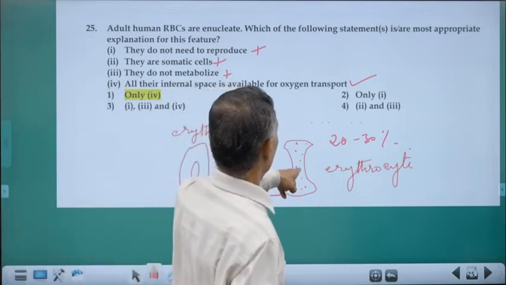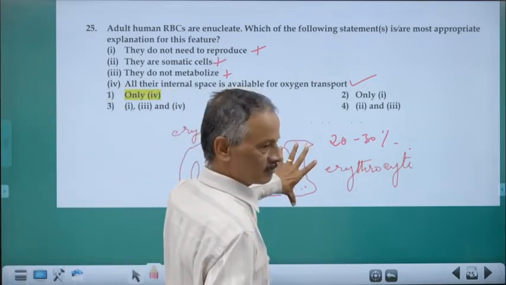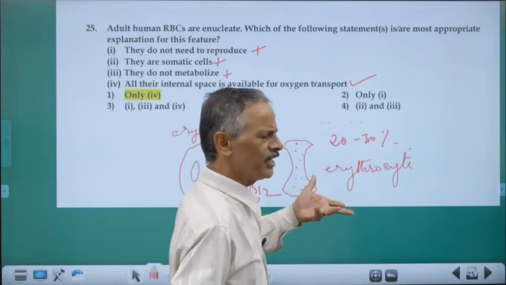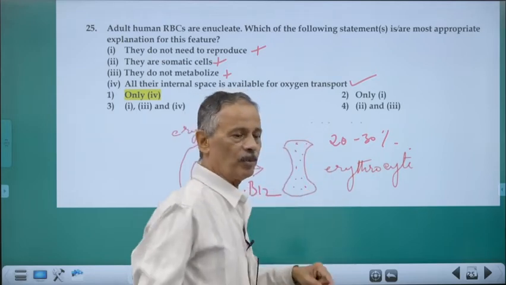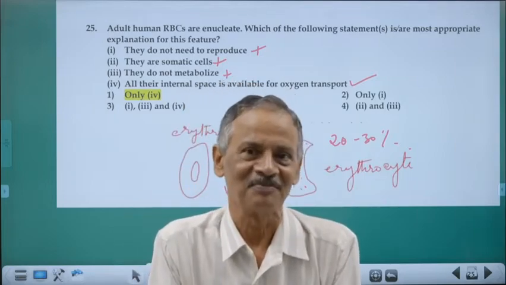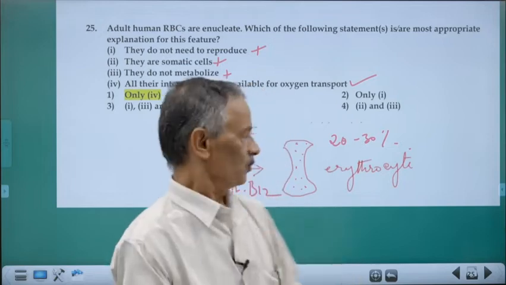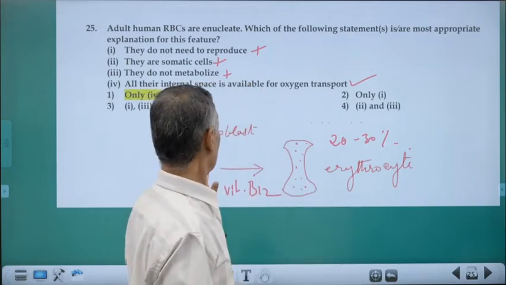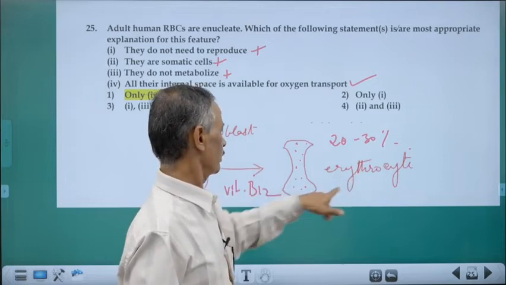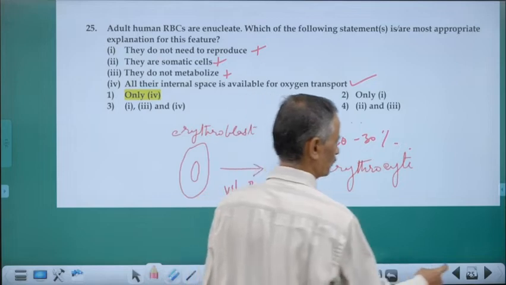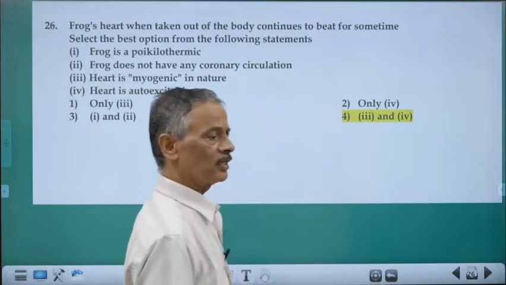And without a nucleus, there is no mitochondria, no such structures are present. So the whole interior can be filled with hemoglobin. So the maximum amount of oxygen can be transported. Clear? This is called maturation. Erythroblast converts into erythrocytes. For that, vitamin B12 is essential, that we have discussed in one of the earlier chapters.